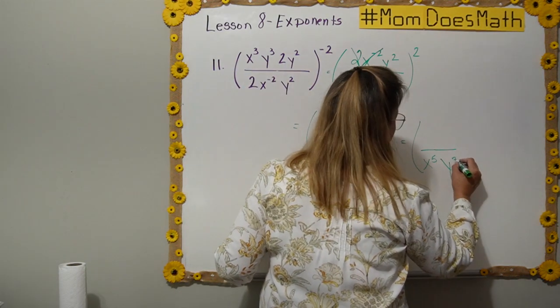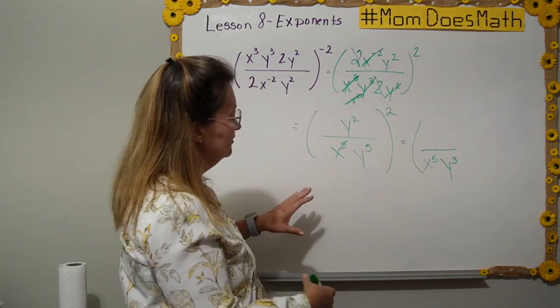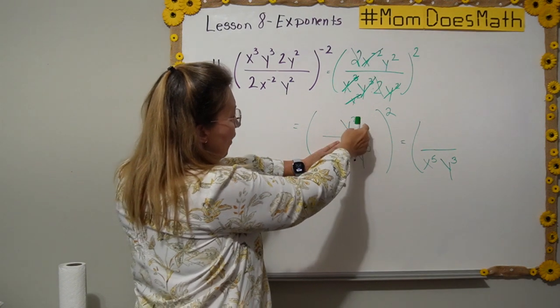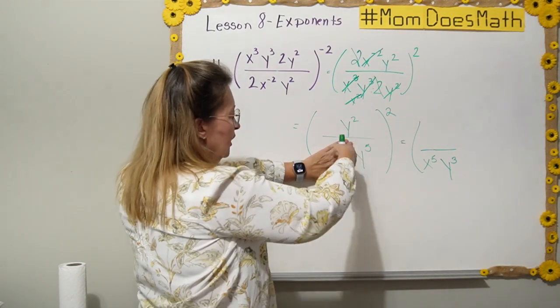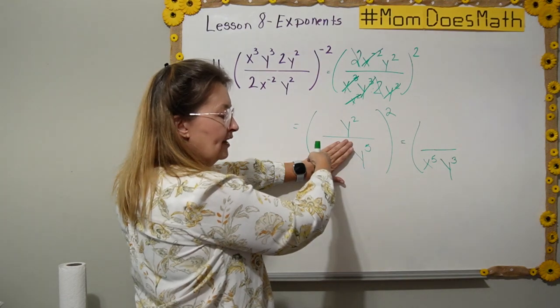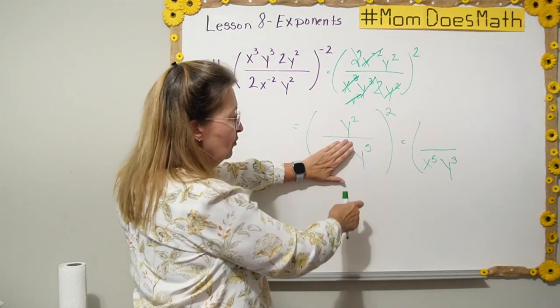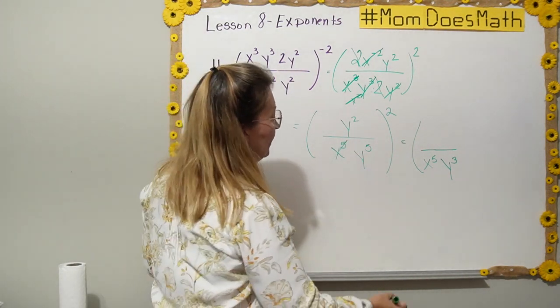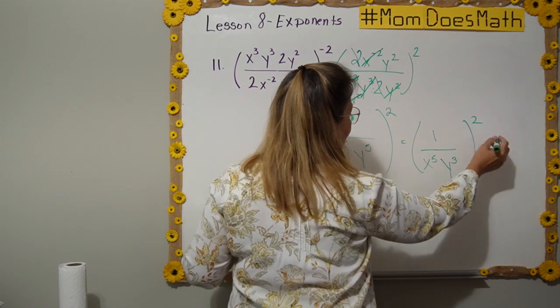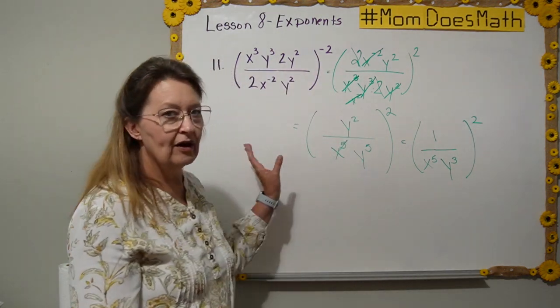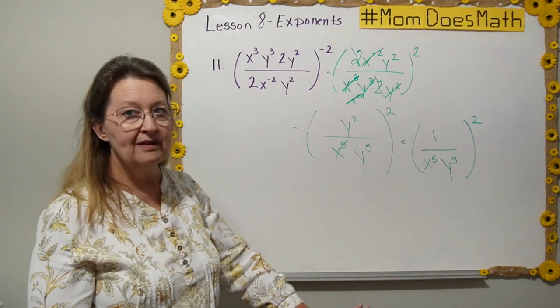If you remember, I showed you how they cancel out. Well, if you had 2 y's up here and 5 y's down here, what's going to happen? The 2 y's are going to cancel out, and what do you have left? You have 3 y's left on the bottom, okay? Since there's nothing up here, I'm going to put a 1 as a placeholder, and now I have to square everything in that set of parentheses.